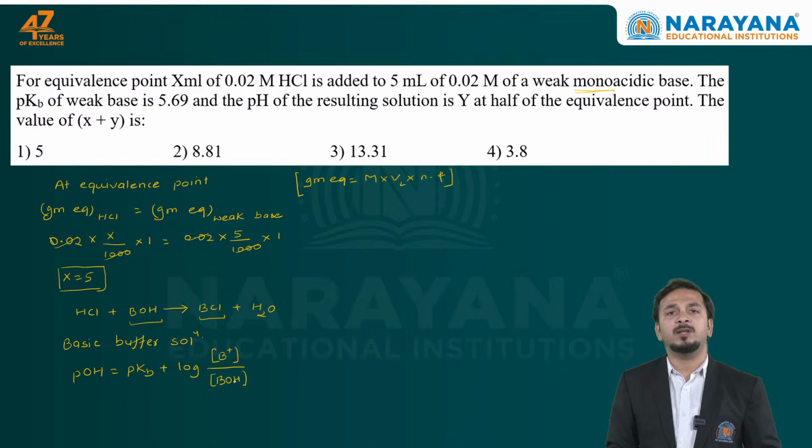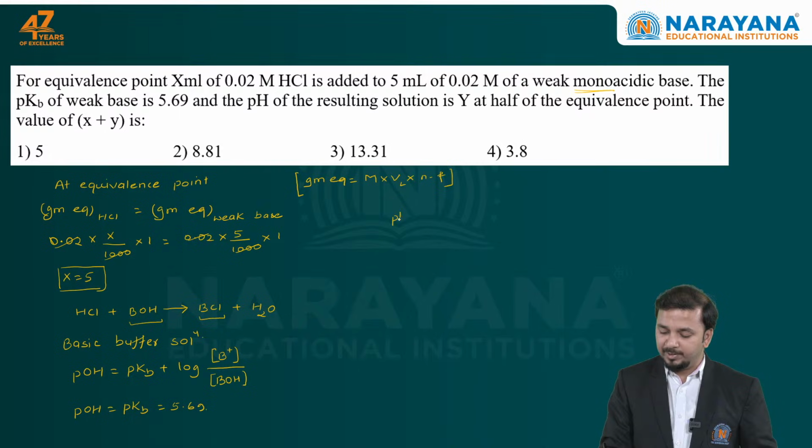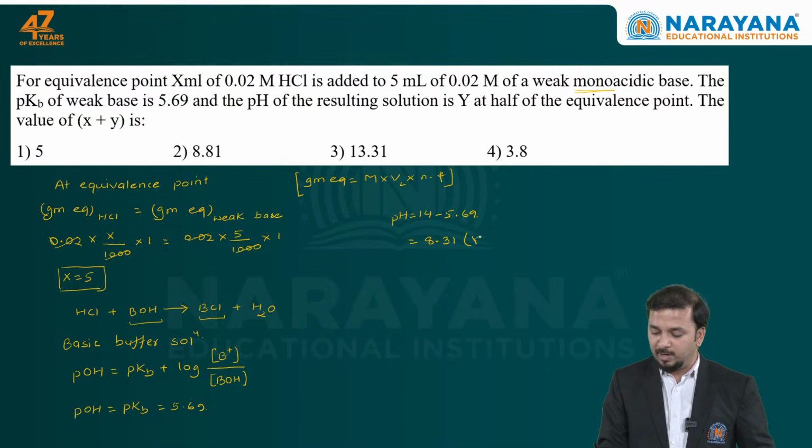And at half equivalence point, the concentration of B plus and BOH will be the same. So pOH will be equal to pKb, which is given as 5.69. If pOH is 5.69, pH will be equal to 14 minus 5.69, which is 8.31. So this will be the value of Y.